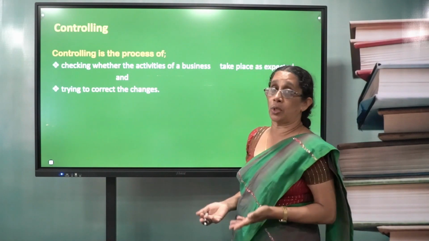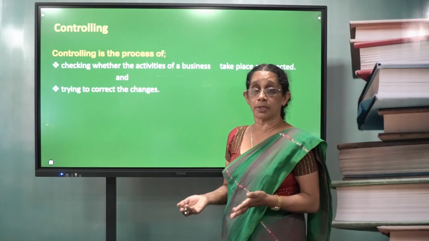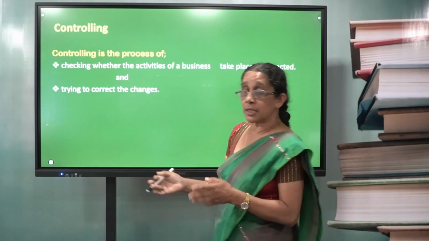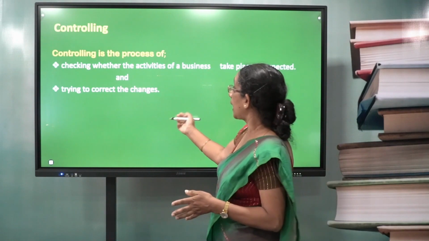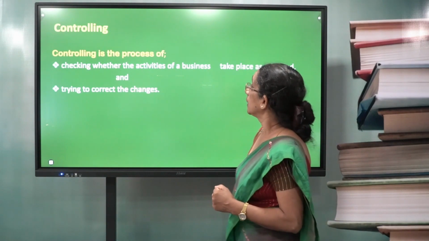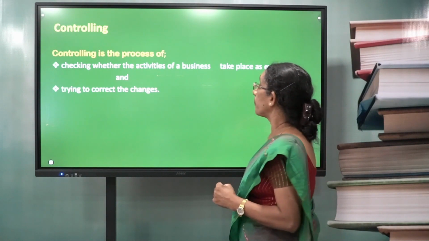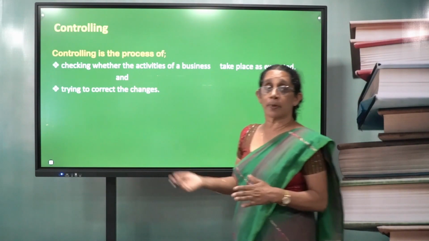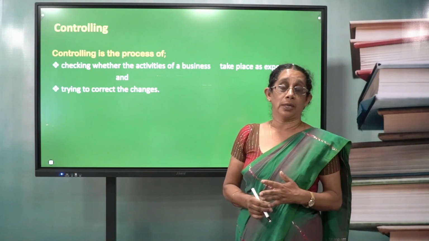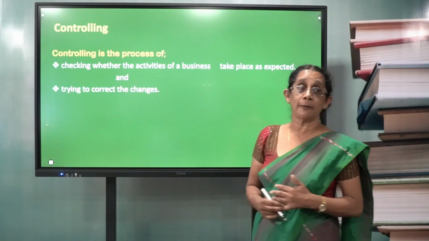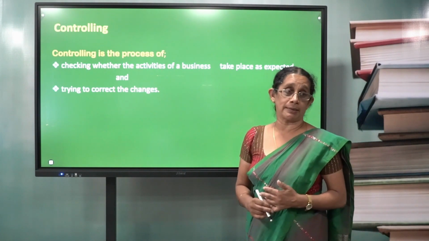Even in a school, if you have set the objectives and if they are carried out properly, you can see whether these activities are done. Yes, that is control. Now, we can use the same process for a school. The objective of a school may be to produce good citizens.